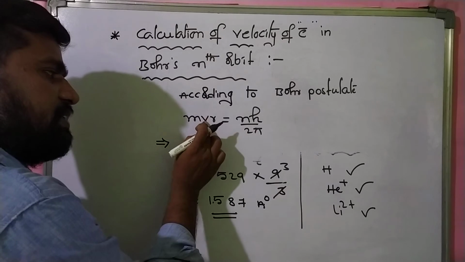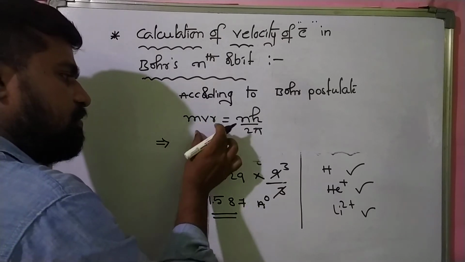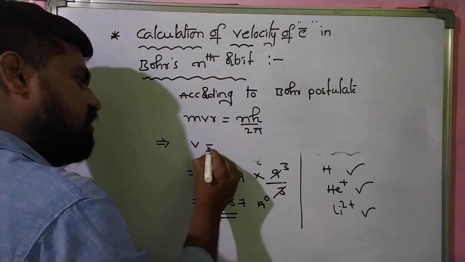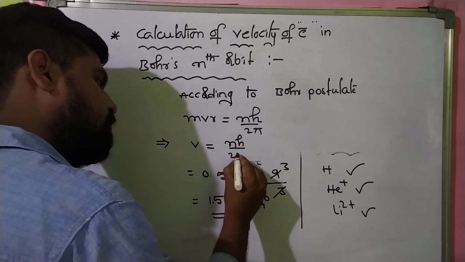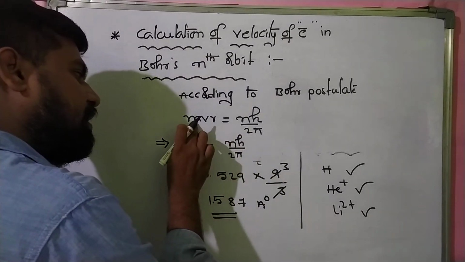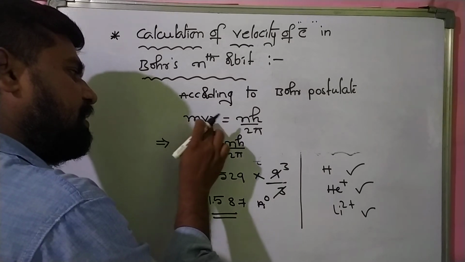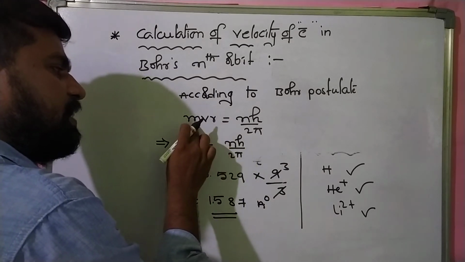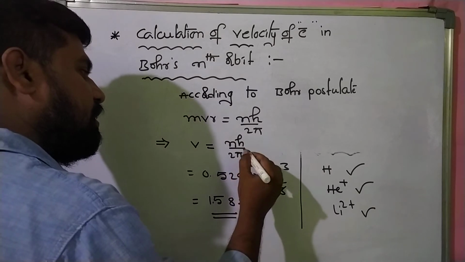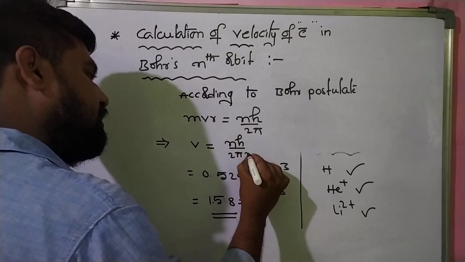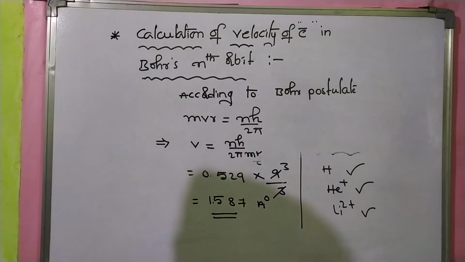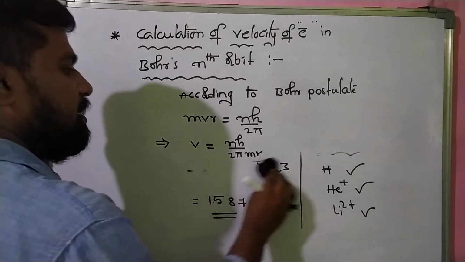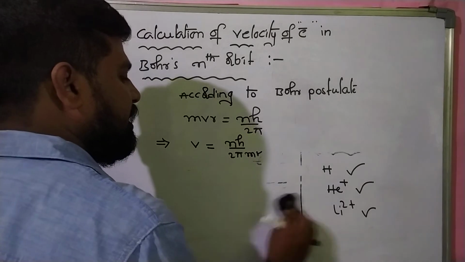Here v is the velocity. So v equal to n into h by 2 pi, where m and r are the divisible factors. Please note v equal to nh by 2 pi mr.